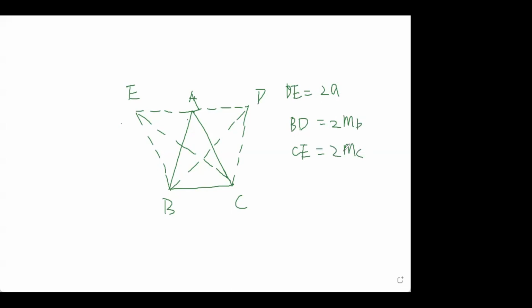And I suppose you know the Ptolemy inequality. If we use the inequality in the quadrilateral BCDE, you could write this up: BC times DE plus BE times CD is bigger or equal to BD times EC.